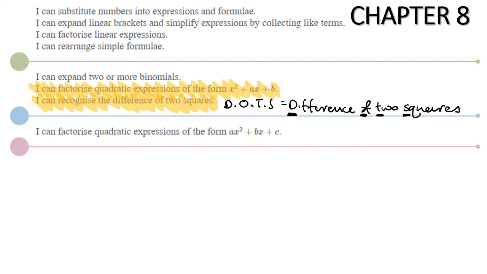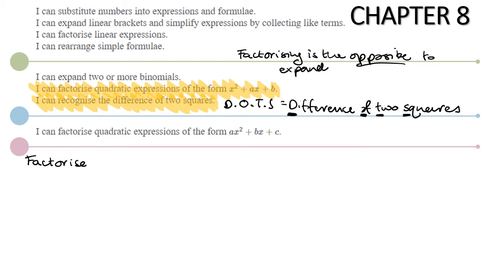Right, so let's look at factorizing one of these quadratics. Now factorizing is the opposite to expanding brackets.